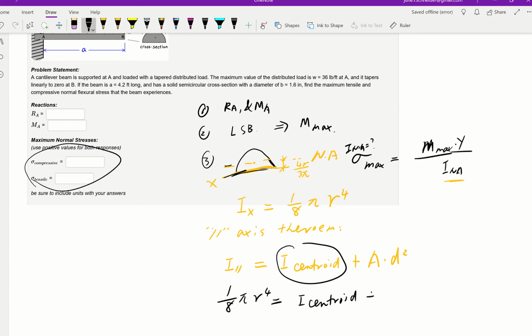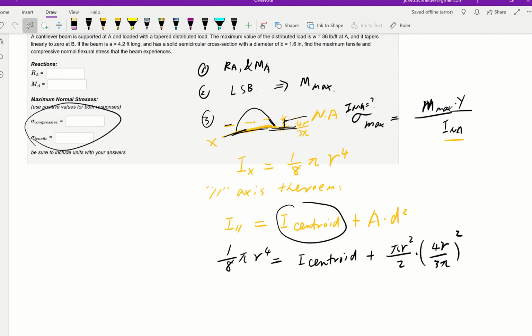And then plus the area of a semicircle, which is pi R squared over 2. And then what's the distance between this neutral axis, the centroidal axis, and this new parallel axis, which is the base? It's 4R over 3 pi. That's the centroid, and that's squared. So you can clean this up to find I centroid, right?